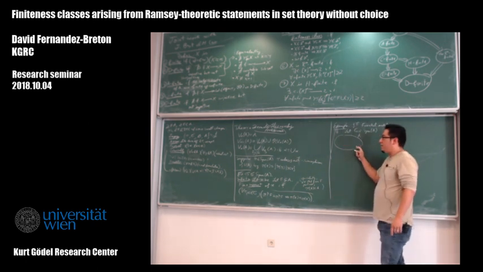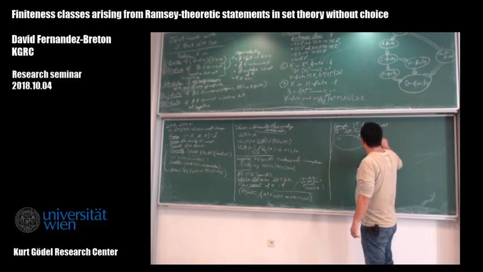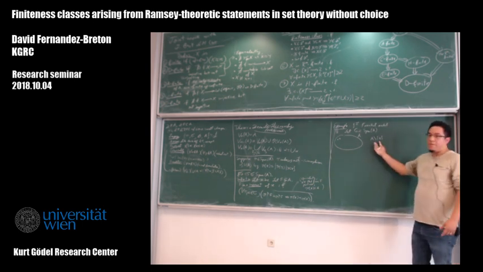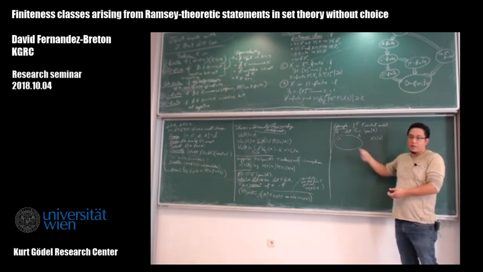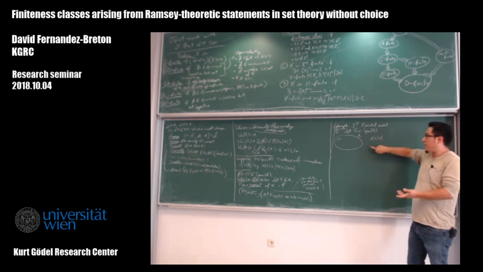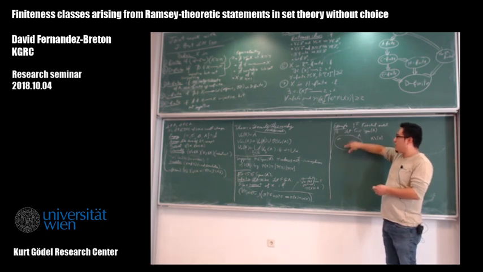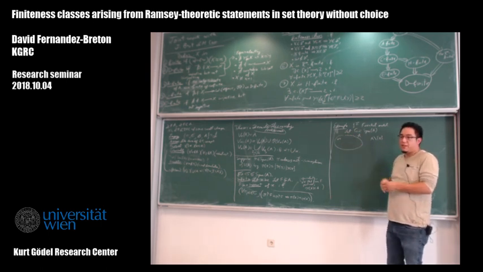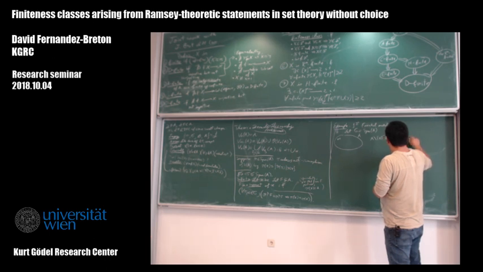If this is my set of atoms and I have something like a point x here and I look at A minus x, this is a big set. If you look at what atoms are involved in its construction, it's basically all of them but one. However, singleton x works as a support for this because any permutation that fixes x pointwise might permute everything else, but setwise, it's still fixed. So A minus x has x as a support.